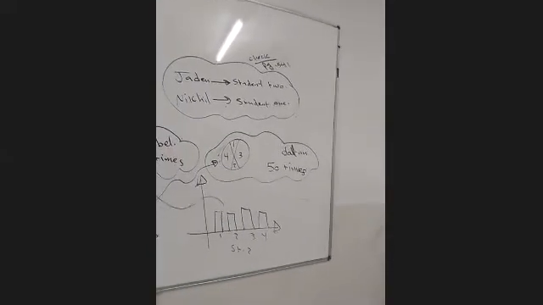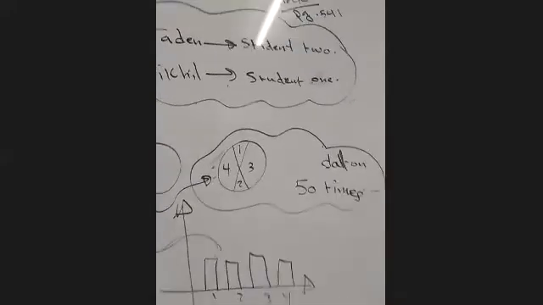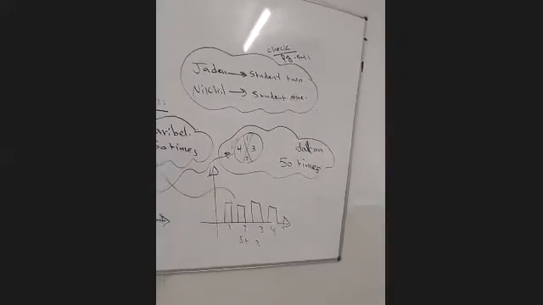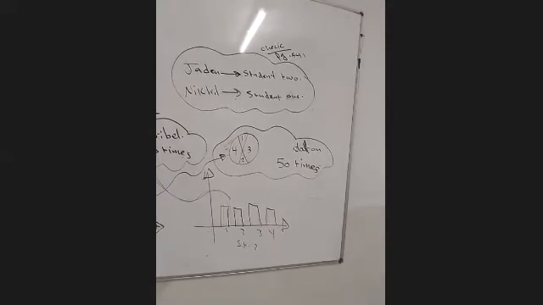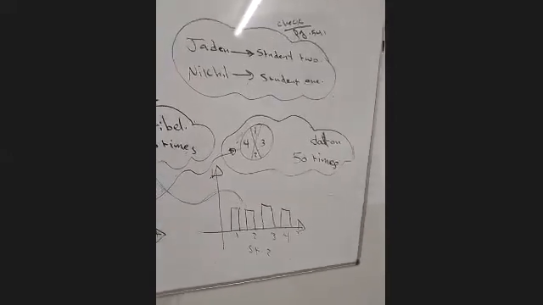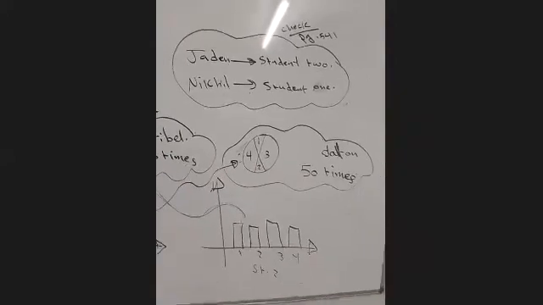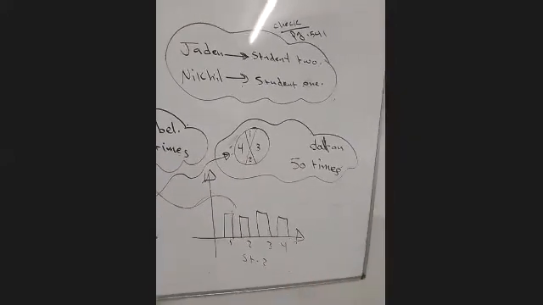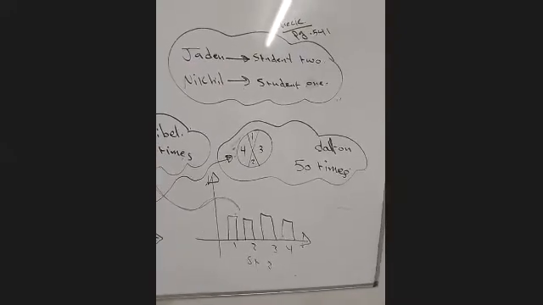Because the results are not equal. It's not a condition to be equal, right? They have an equal chance to happen. But if you spin 50 times, each one doesn't have to be the same as the other.